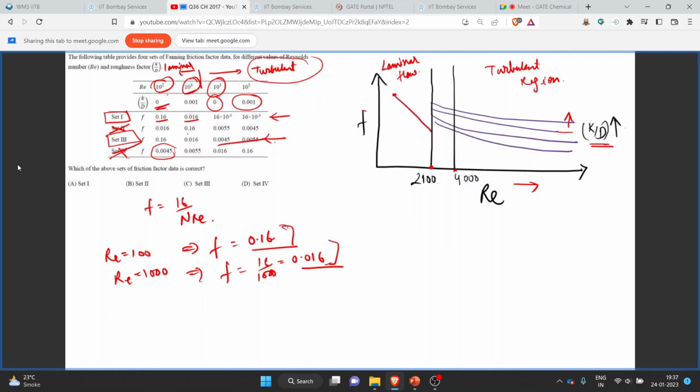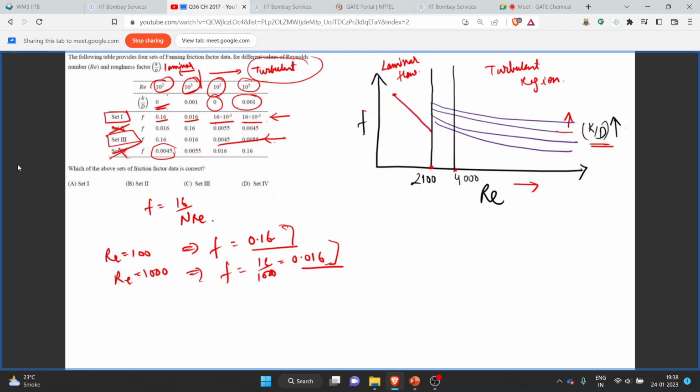Now for set 1 and set 3, we can see the value of the Fanning friction factor in the table. For set 1, for a Reynolds number of 10 raised to 5, the friction factor is 16 into 10 raised to minus 5, and again for the same Reynolds number of 10 raised to 5 with a different roughness of 0.001, we have been given the same friction factor, 16 into 10 raised to minus 4.